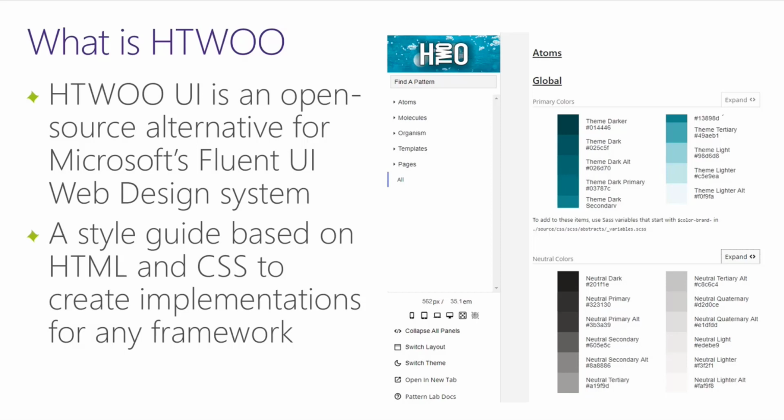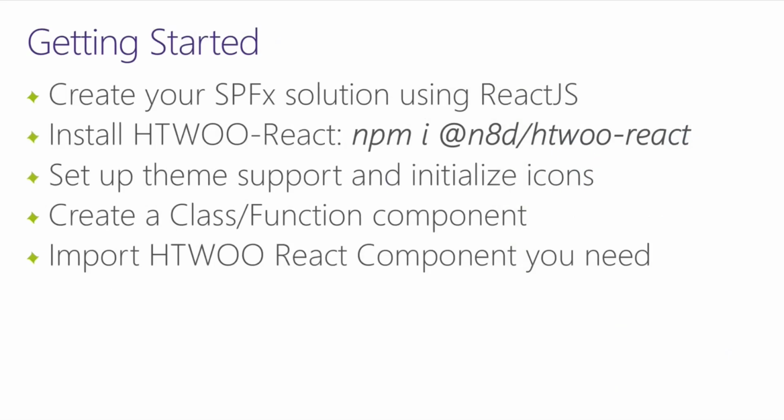This is an HTML and CSS based library so that you can use that design language in any framework. In addition to that, we have built a React library of those controls, and that's what I'm going to show you today. So how do we get started? We get started by creating your SharePoint Framework solution using React.js.